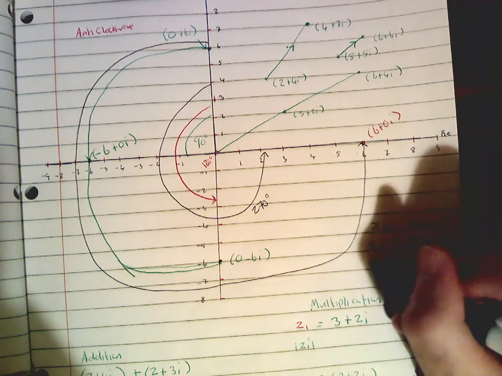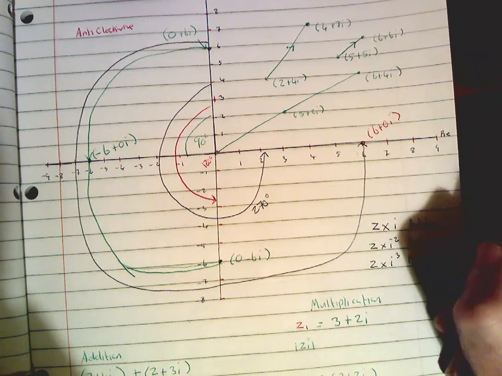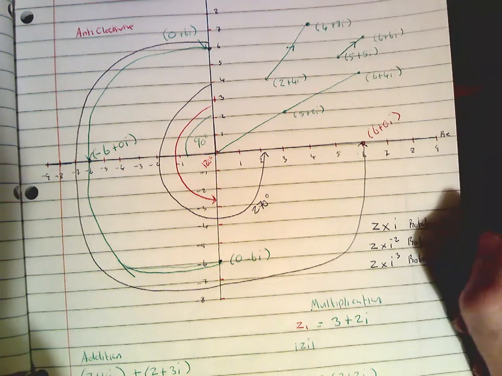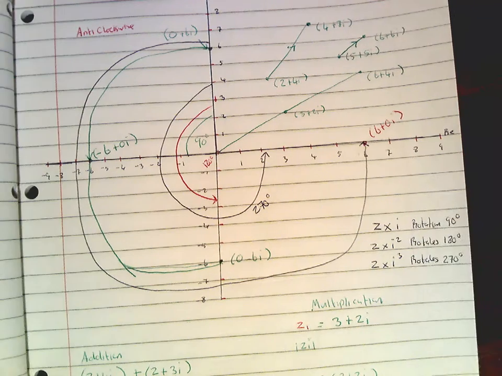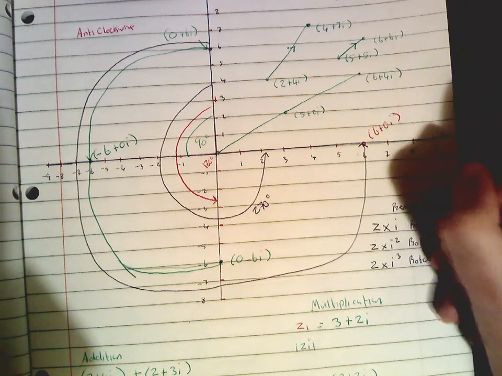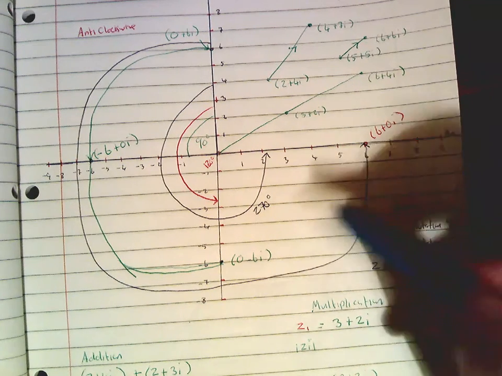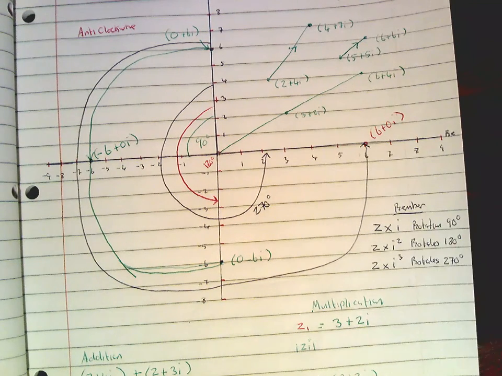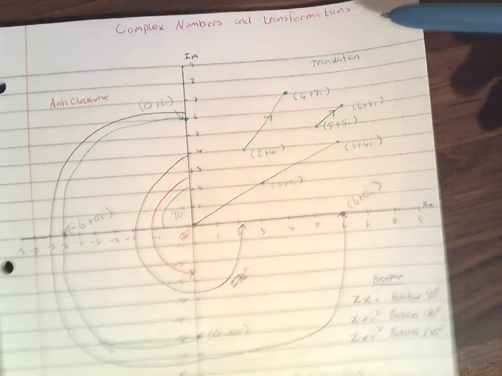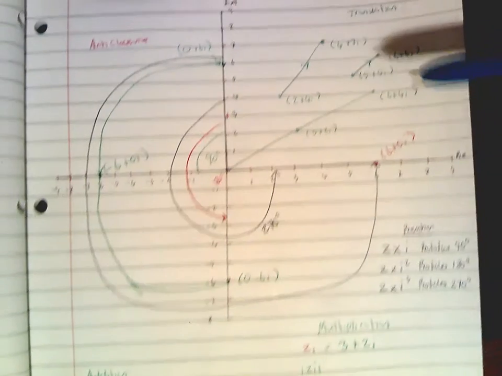And if we multiply it by i cubed, it rotates by 270 degrees. This is important to remember. It's one of those rules you need to remember in relation to complex numbers and these diagrams. These are known as transformations. Hopefully that makes sense as an introduction, and we'll go through more of these in the class.